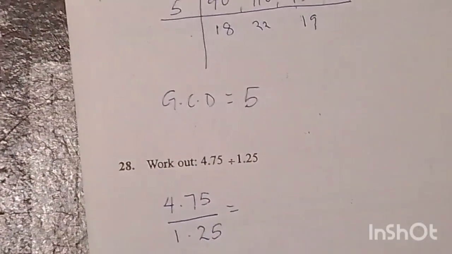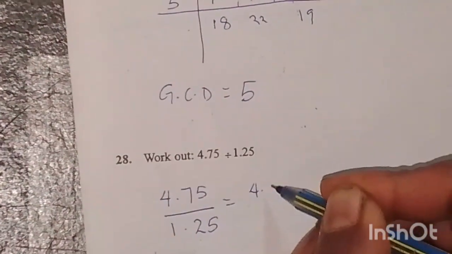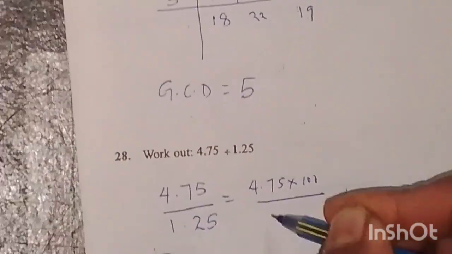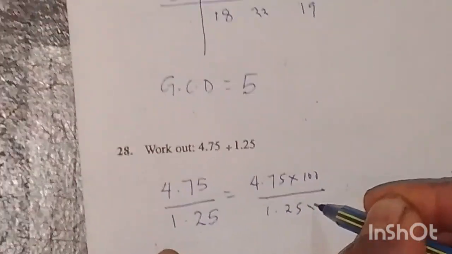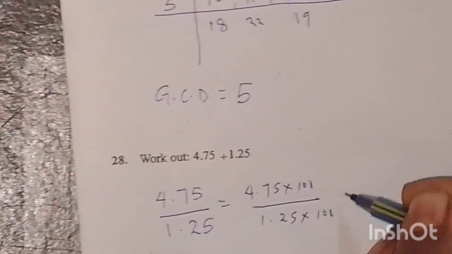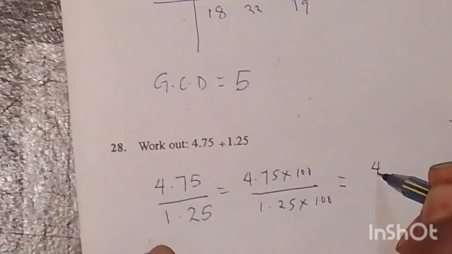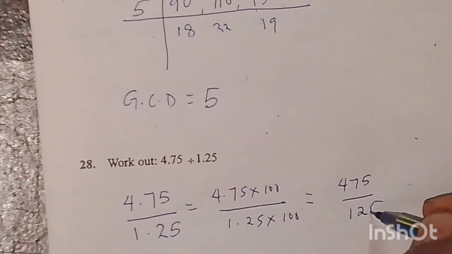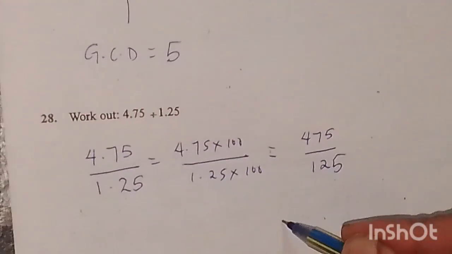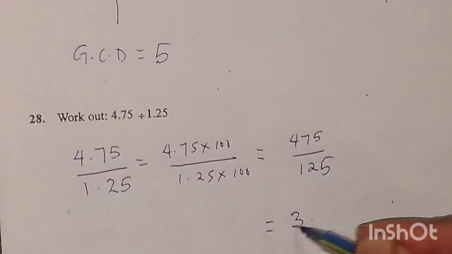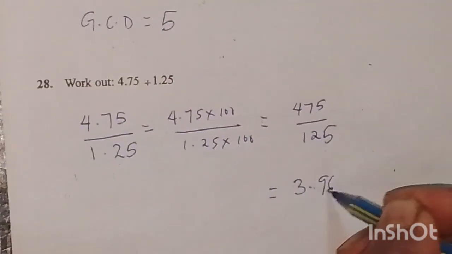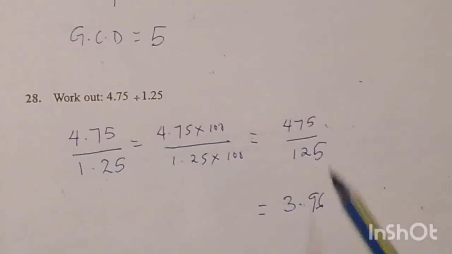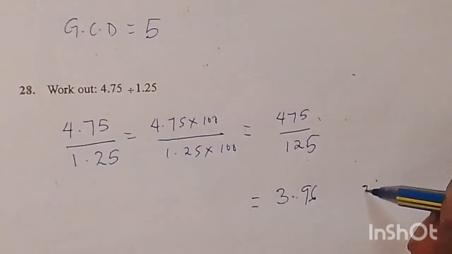To answer this, we put this into whole numbers. 4.75 multiplied by 100 divided by 1.25 multiplied by 100, and the answer is 475 divided by 125. The solution to this is exactly 3.8, and this is 1 mark, 1 mark, 3 marks.